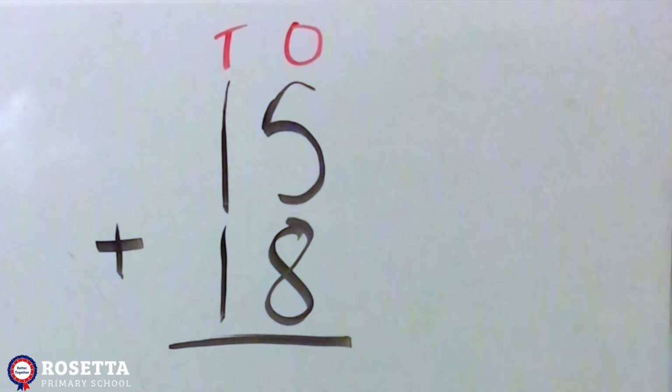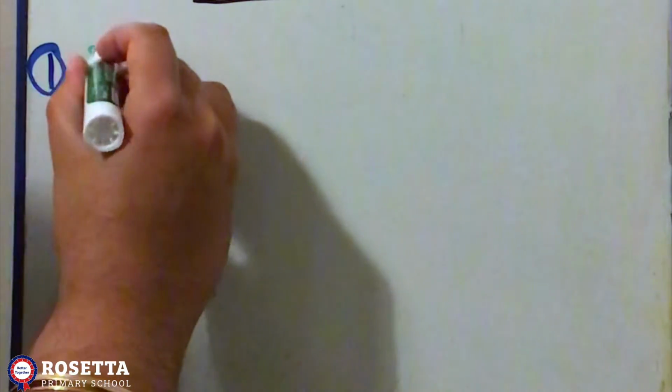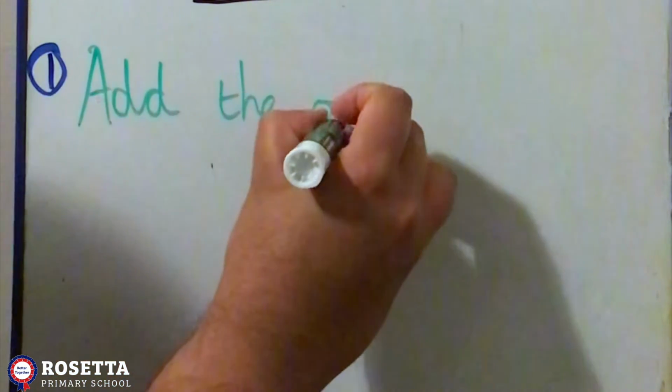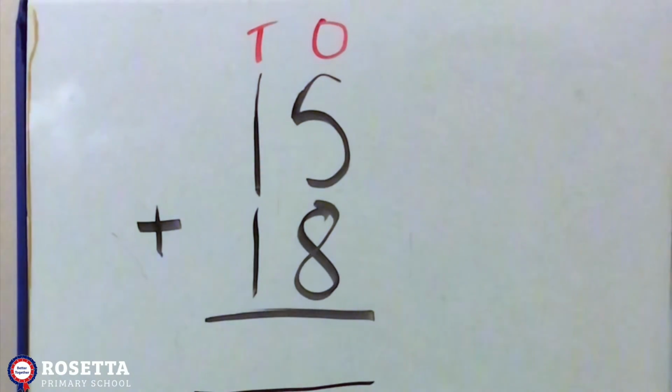So number one, what is the first step, guys? Look at that question. What do we do first? I know, we add the tens. No? Okay, well done. Some of you are saying it. No, Mr. Singh, we add the ones. So 8 plus 1. Again, Mr. Singh.